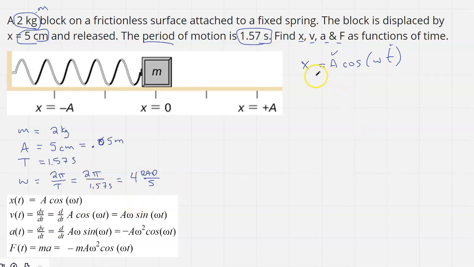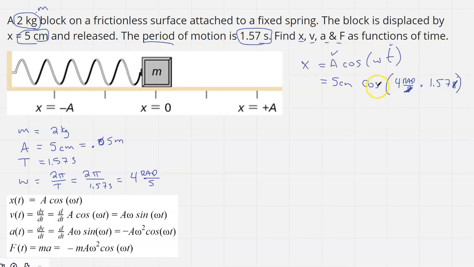All right, we're ready to put this in now. Here is my 5 centimeters times the cosine of 4 radians per second times the time, which was 1.57 seconds. And you notice here that the seconds on top should cancel the seconds on the bottom and have nothing but radians.